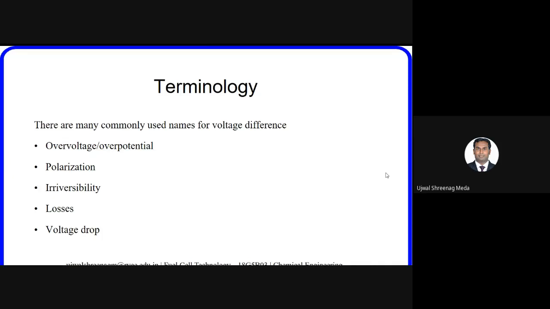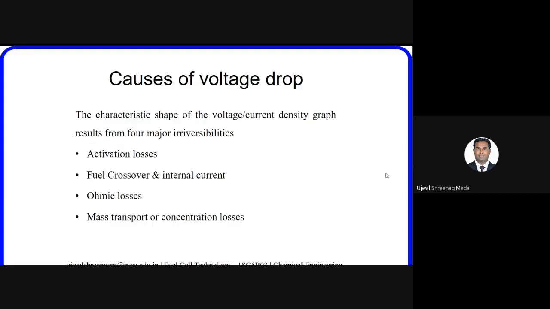Because of that, there are so many different names. Over voltage or over potential is slightly misleading, as it gives an impression that the voltage is greater or getting enhanced, which is not the case. Actually, we are trying to represent the difference in voltage here. So over voltage, over potential, polarization, irreversibility, losses, voltage drop are the terms that are used.